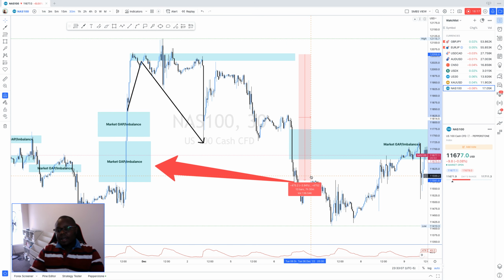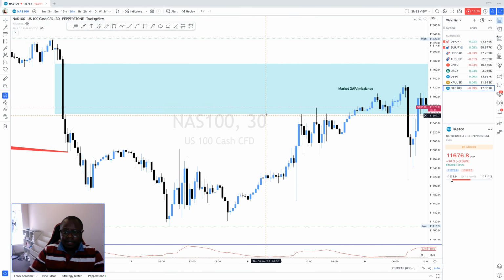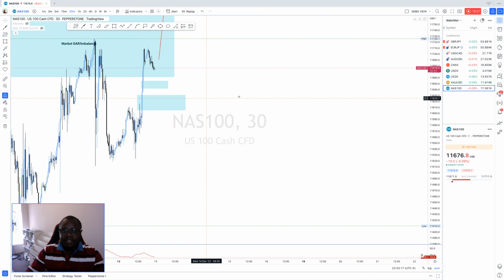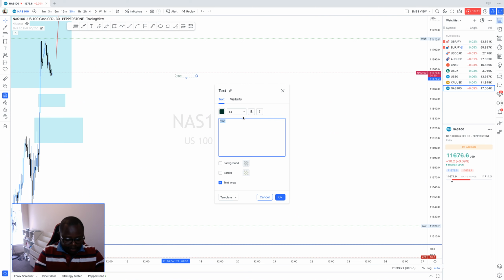So I hope this explains how the market makers make the imbalances. And just to recap, now that we're finishing, I'll write here: number one, what are market gaps or imbalances? That's what we've looked at today.